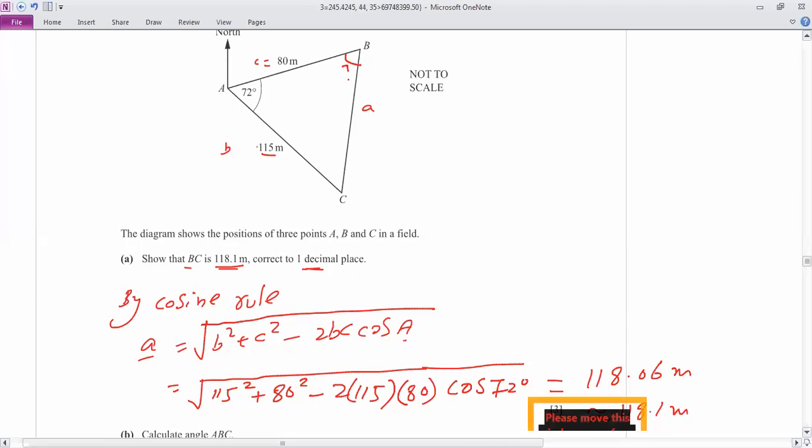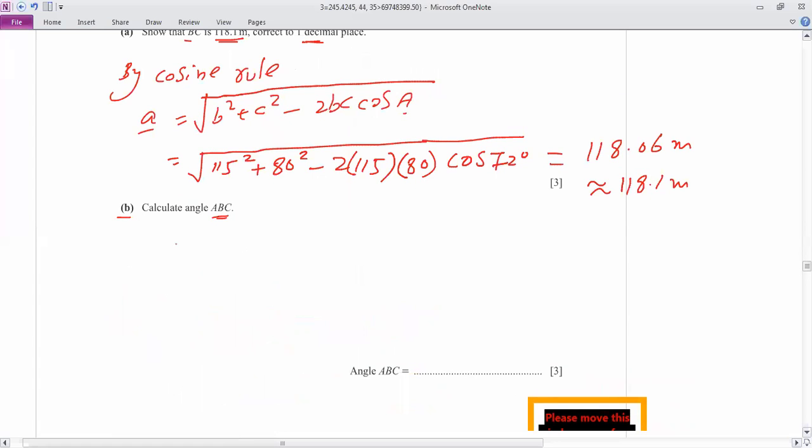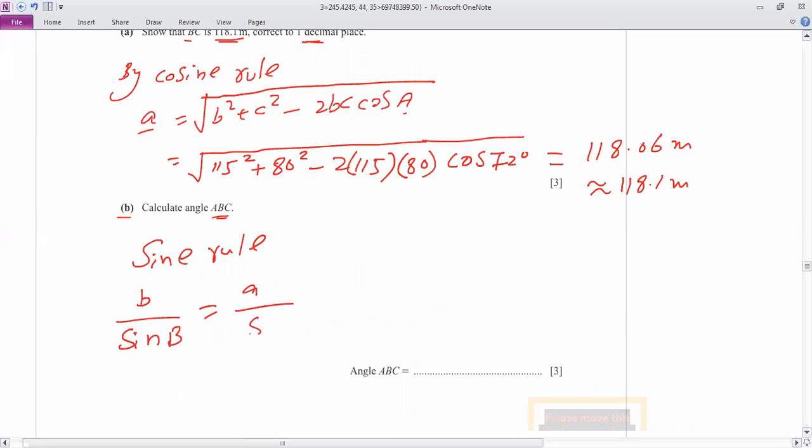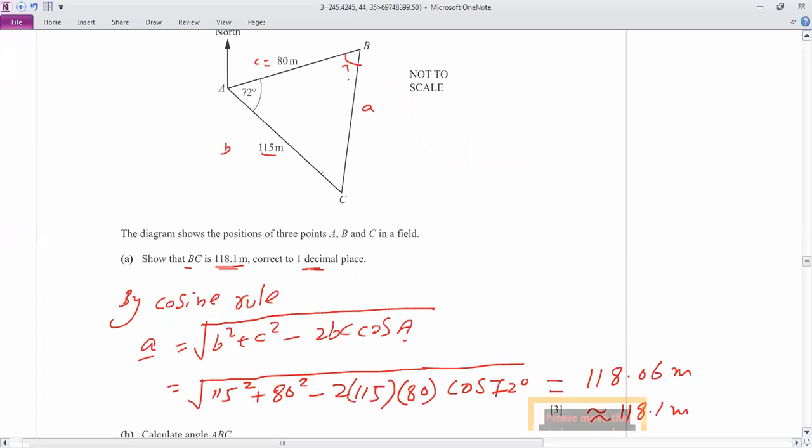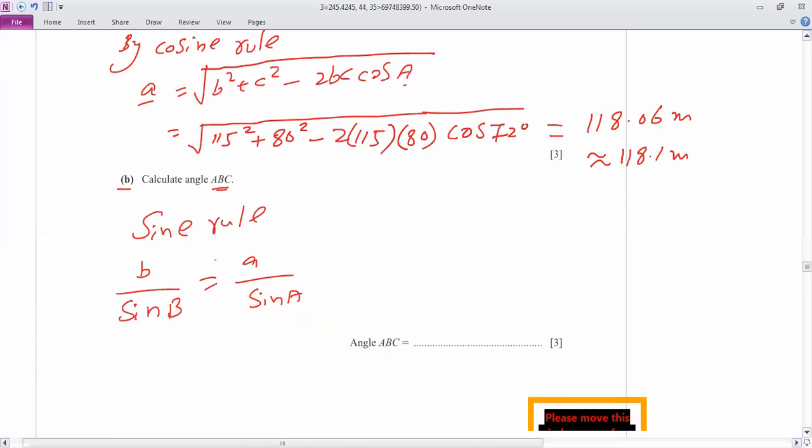Okay, we can use the sine rule here. If I use B over sine B and A over sine A, using the sine rule, I can say B over sine B is equal to A over sine A. I'm not using C because I would need angle C for that one. I have now A, so this one I can easily find angle B. Just put the values. What is B?